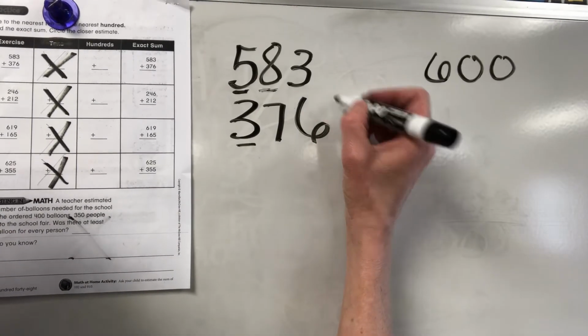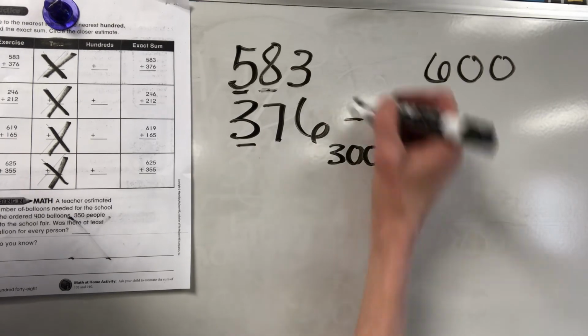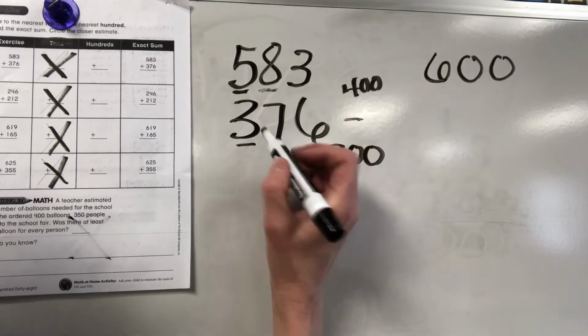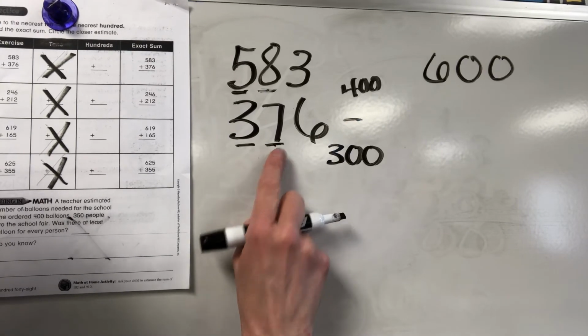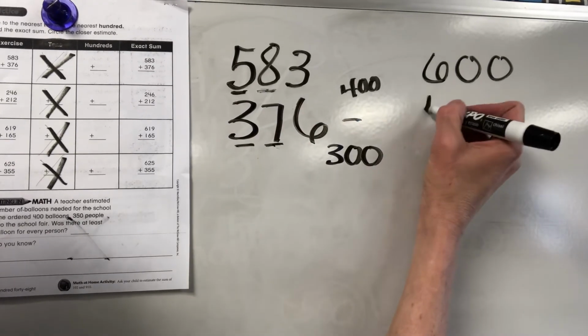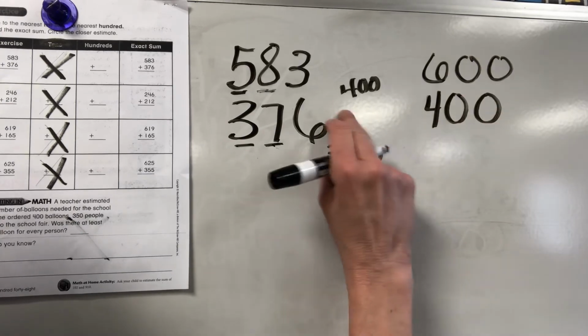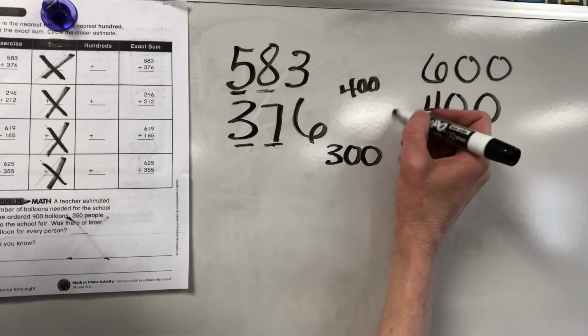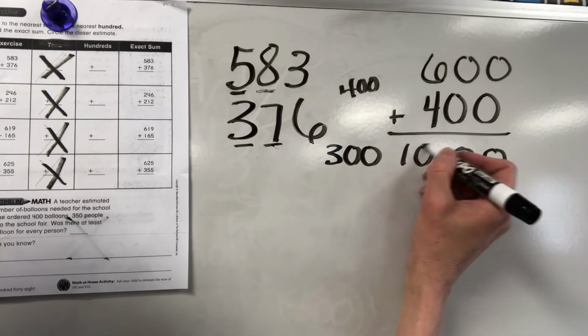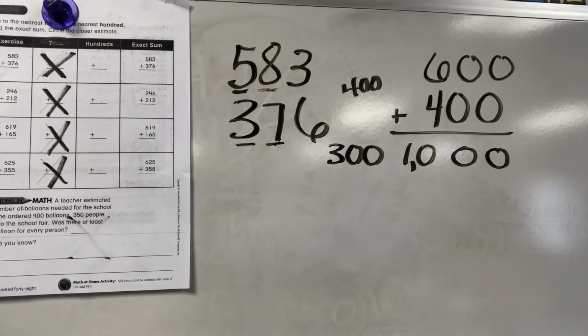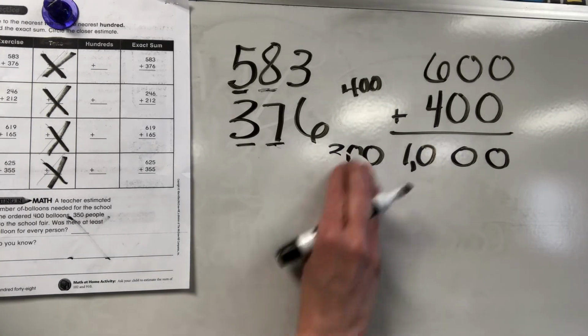Stay at 300, or round up to 400. It's a 7. 7 is greater than 5, so we round up. So it's 400. So we're adding 600 plus 400. So that is 1,000. All right, 1,000.